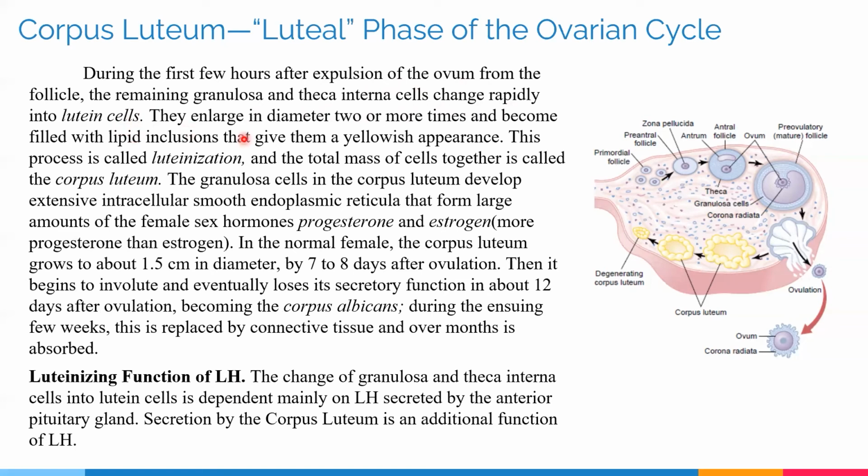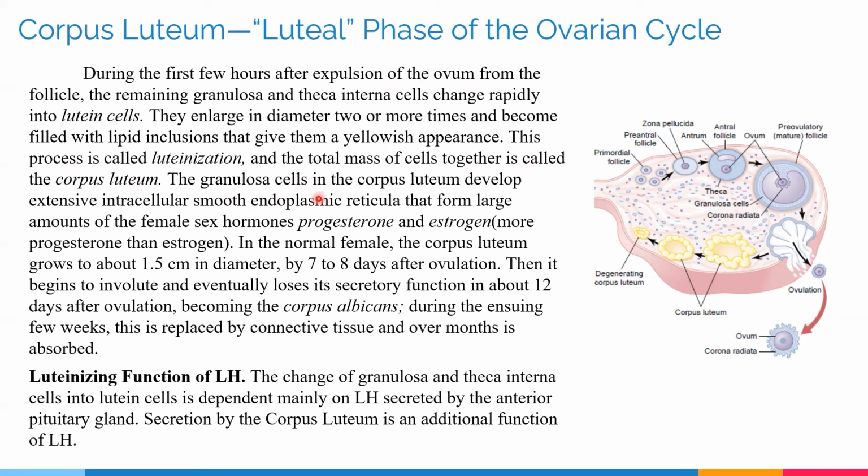They enlarge in diameter 2 or more times, and become filled with lipid inclusions that give them a yellowish appearance. This process is called luteinization, and the total mass of cells together is called the corpus luteum.